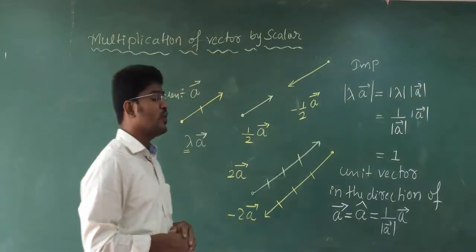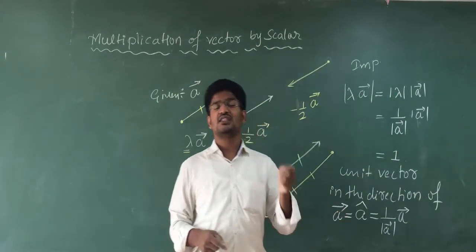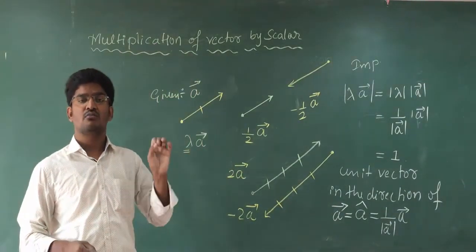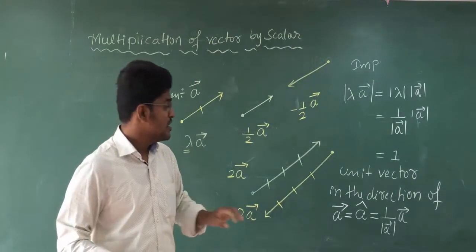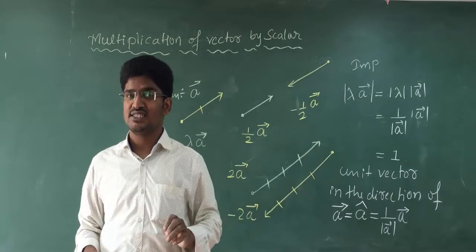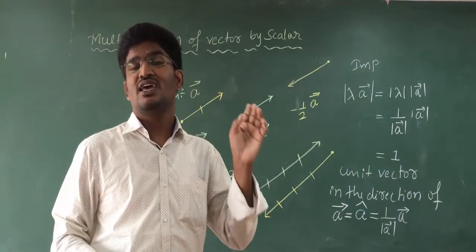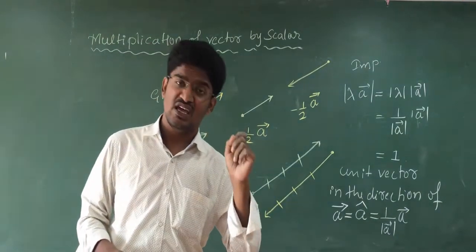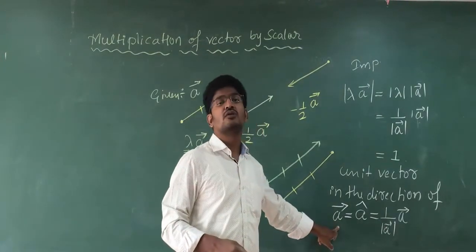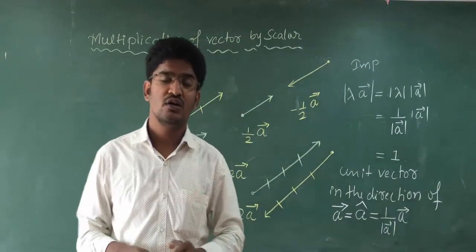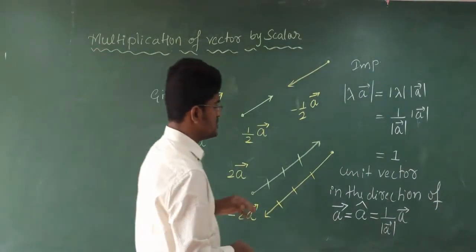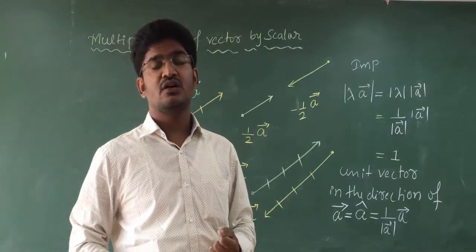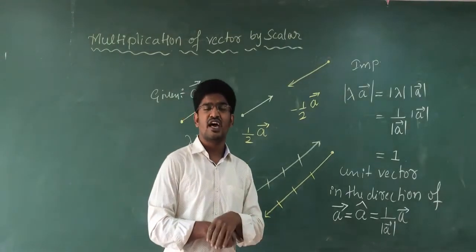Clear? In the same way, we come to the conclusion of the unit vector, that is, vector A cap is equal to 1 by mod of vector A multiplied with vector A. Remember that A cap formula, 1 by mod of vector A multiplied with vector A. If you remember this formula, it is very good, because we are going to use this unit vector in so many problems, in vectors as well as three-dimensional geometry.